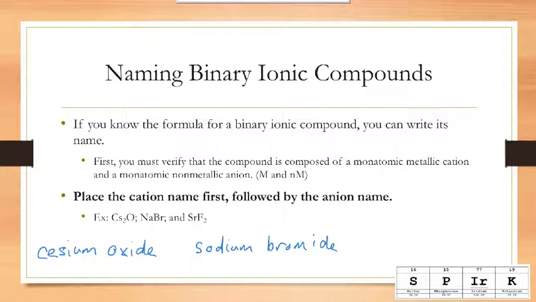So, sodium bromide. And that last compound there, SrF2, strontium is going to be our cation, so we write strontium fluoride. Sorry, I'm running out of room here. But that's how we're going to name it. So we name it by writing the cation name first, followed by the anion name.